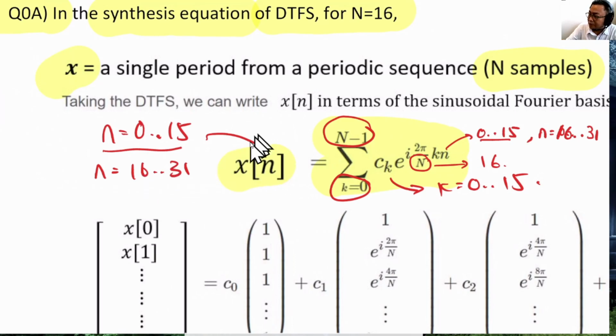Now, because x[n] is periodic, whether you are generating for n equals 0 to 15, 16 to 31, or even n equals minus 16 to minus 1, they would all be this periodic sequence. It does not really matter, and in fact, for our purpose, we typically only generate for this particular range, which is n equals 0 to 15, or I should just say capital N minus 1.